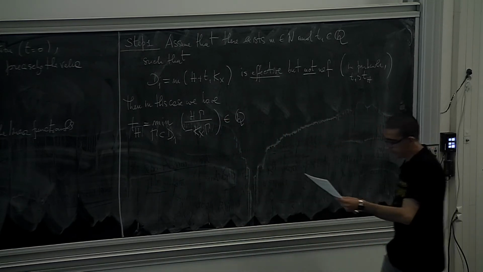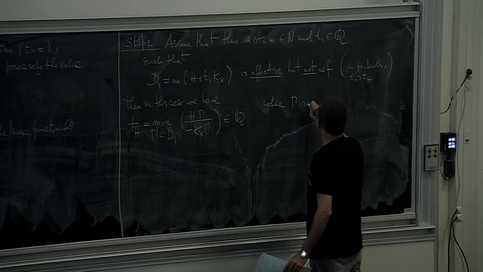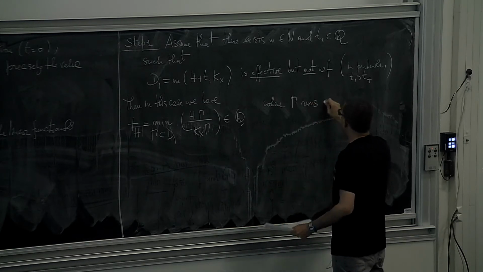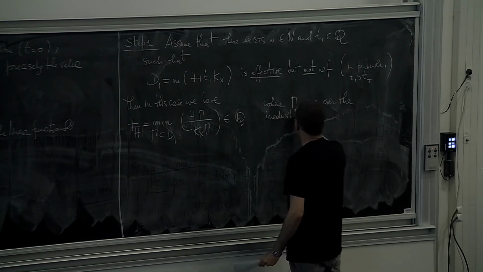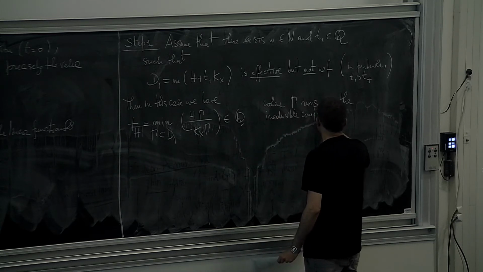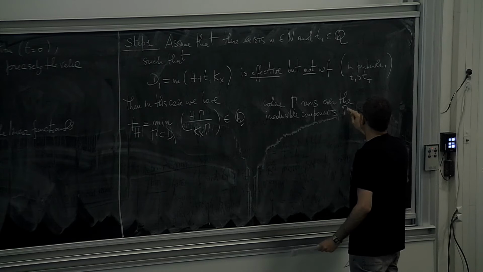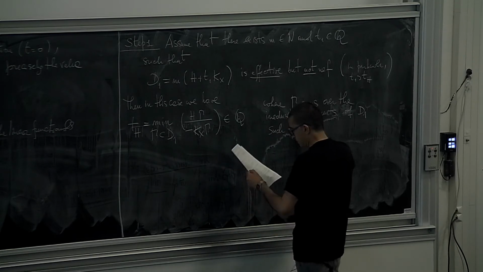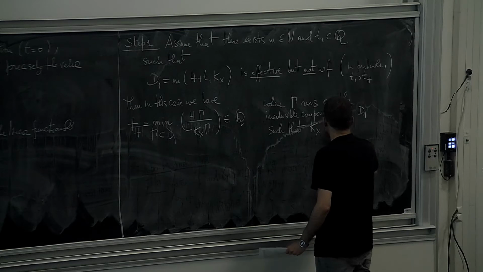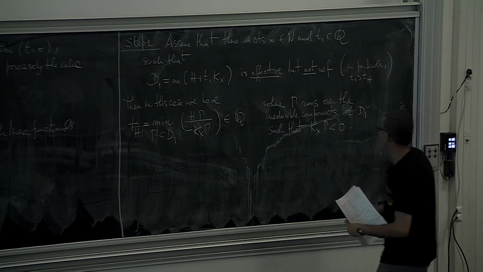Why this? Where gamma ranges over the irreducible components gamma of D1 such that KX·gamma is negative.